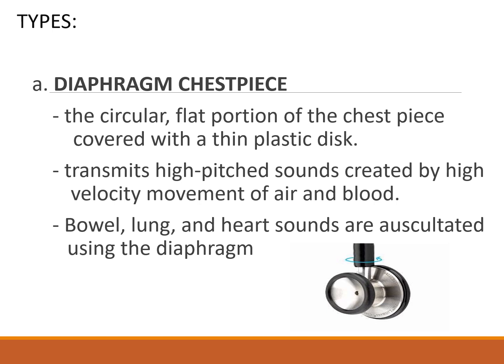Auscultate bowel, lung, and heart sounds with the diaphragm. Always place the stethoscope directly on the skin because clothing obscures the sound. Position the diaphragm to make a tight seal and press firmly against the patient's skin. Do not use your thumb to hold the diaphragm in place because you may hear the pulse being transmitted through it.